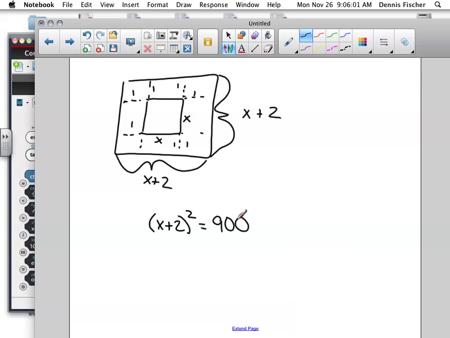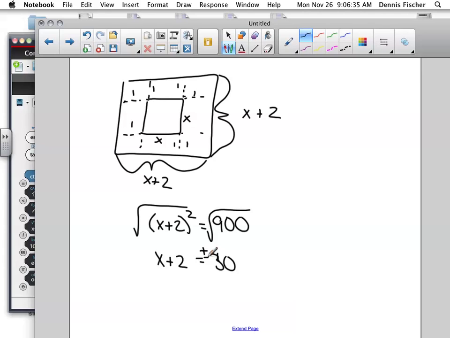Now, some people can do this different ways. People can FOIL it out and get everything on one side so it equals 0. Another way of doing this is, I'm trying to get x by itself, so I take the square root of both sides. I'm going to get x plus 2 equals plus or minus 30. I got that question a lot on yesterday's weekend quiz: why is this wrong?